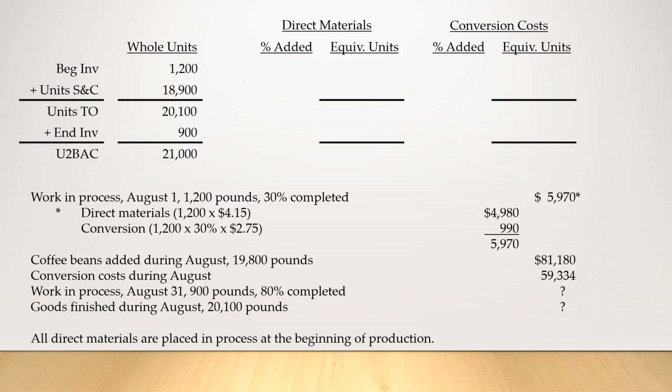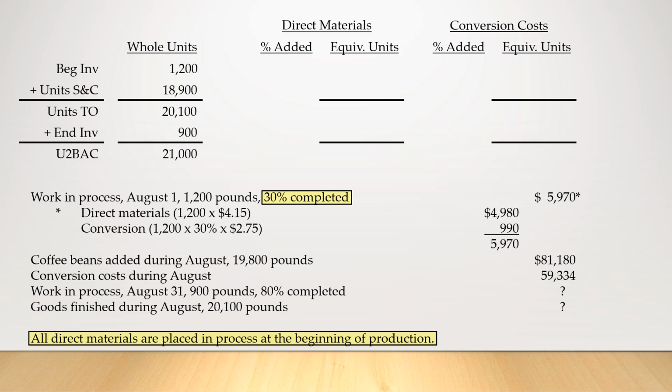We'll first calculate our equivalent units for direct materials. Our beginning work in process was 30% completed, but all materials are added at the beginning of production. This month's beginning inventory was started last month, so it received all of its materials in July. We didn't add any materials in August.